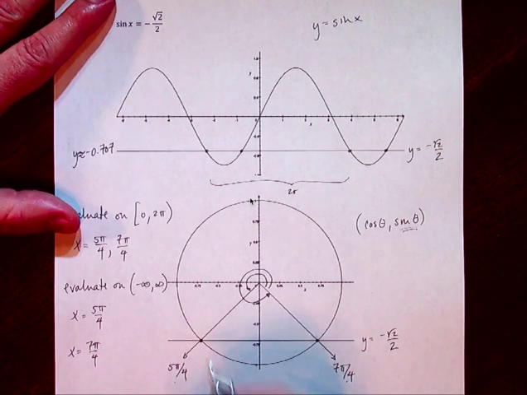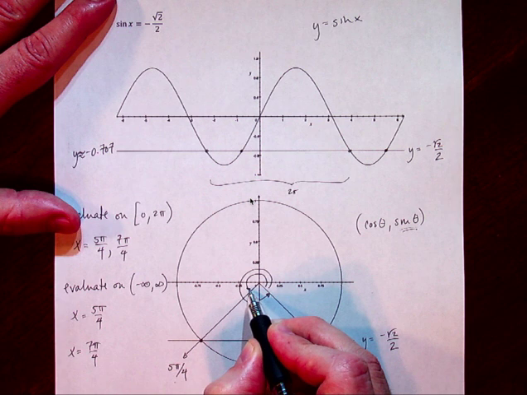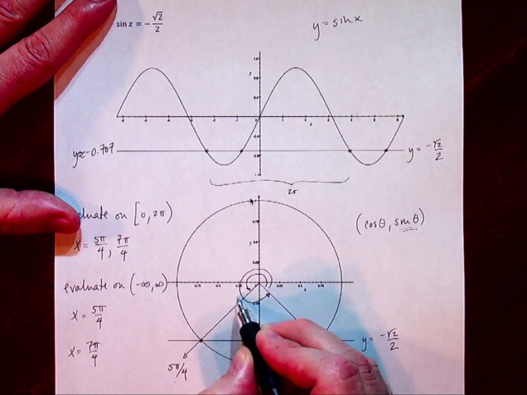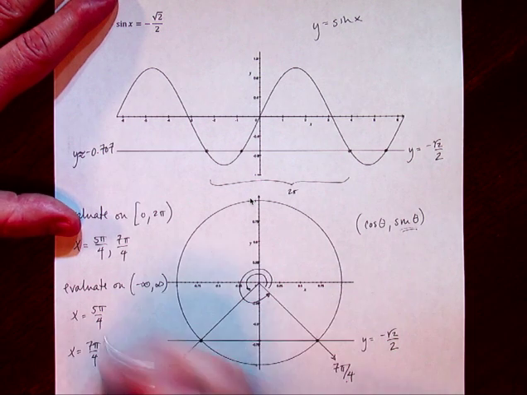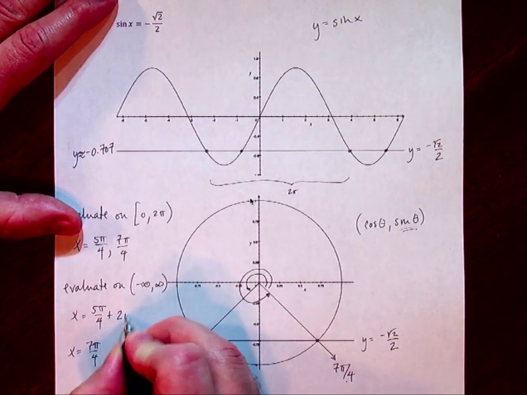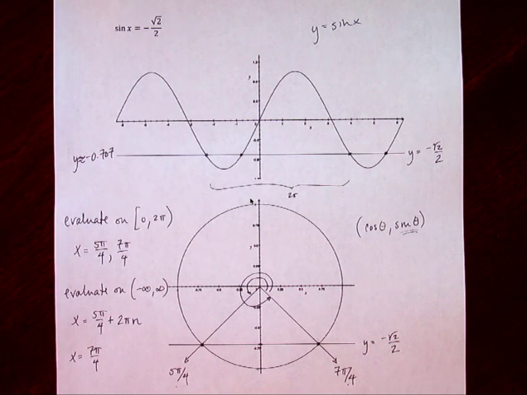If you go around to 5 pi over 4, you can get to this terminal side again just by adding 2 pi, and adding 2 pi, or subtracting 2 pi, and subtracting 2 pi. So what we do is we add 2 pi n, where n is understood to be every integer.